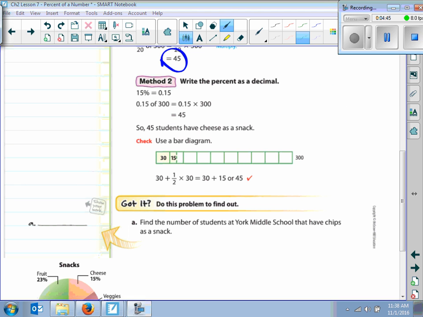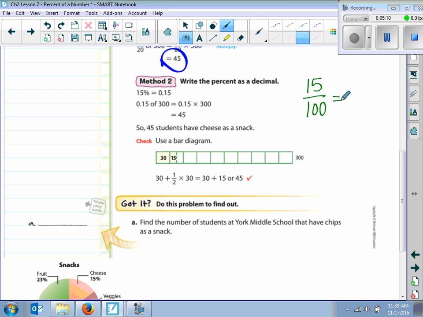Method 2 is to write the percent as a decimal, okay? So here, 15% was 15 over 100, right? That's 15%. Correct? Everybody read 15 over 100 correctly. 15 hundredths, right?